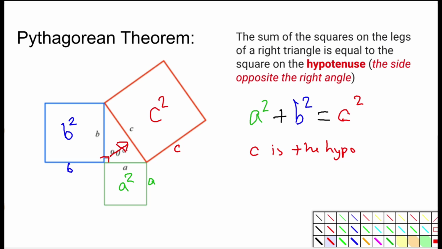The other 2 sides, which I'm going to write as a and b, are the legs. What we notice about a and b is that they're next to the 90, so the sides that are adjacent to the 90-degree angle are the legs. We'll refer to these as legs as we go on to other problems. But that's the Pythagorean theorem. Hope that makes sense.